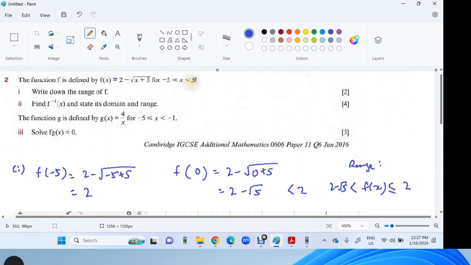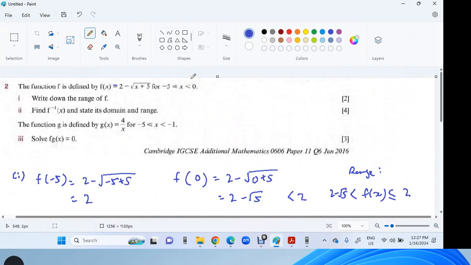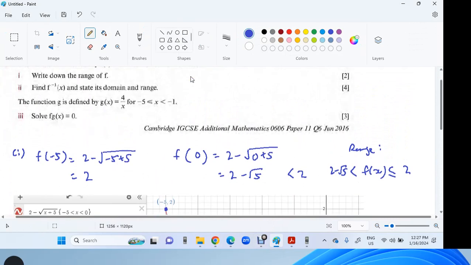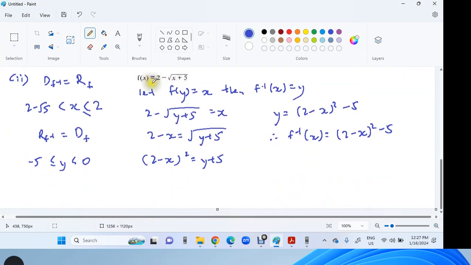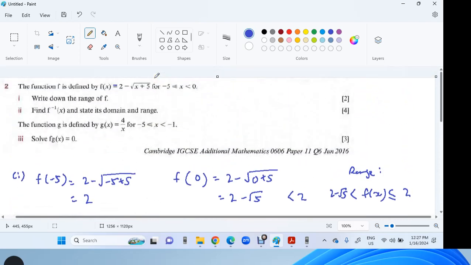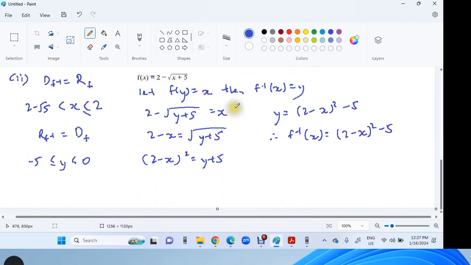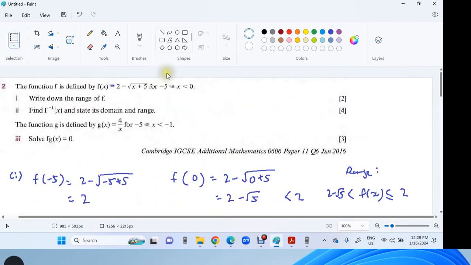Okay, so the function g is this one, and then they want us to solve fg(x) equal to 0. Okay, so we have fg(x) equal to 0. To solve this problem, we have two methods.